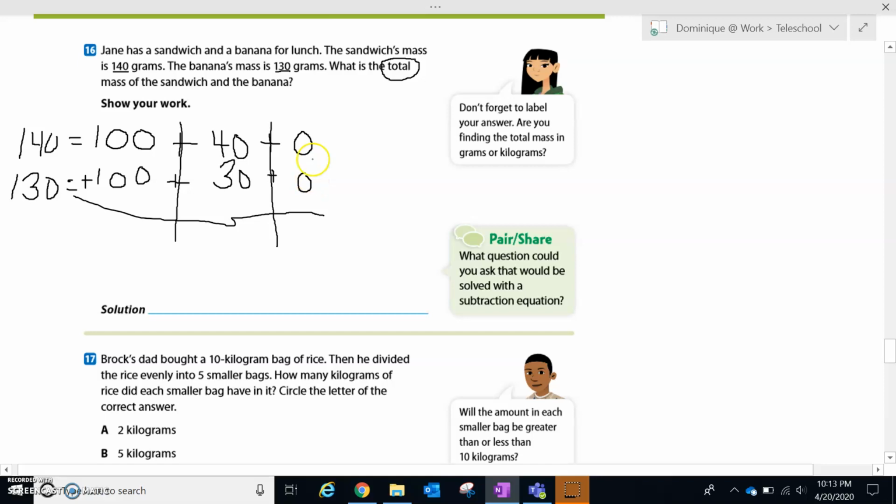Remember, we start in the ones place. 0 plus 0 is 0. 40 plus 30 is 70. And 100 plus 100 is 200. And if we combine all of that together, we get a total of 270. Don't forget, we always need to have our label, which would be what? Grams. Good job. So our final answer is 270 grams. Excellent job, guys.